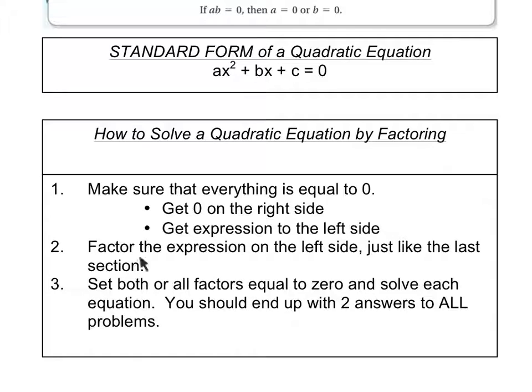Then we factor the expression on the left side, just like we did in the last section: we take a times c, put our x down, a times c on top, b on the bottom, and factor from there. Once we're done, we'll have two sets of parentheses, just like before, and we set all factors equal to 0 and solve each equation. You will end up with two answers on all of the problems we're looking at here.